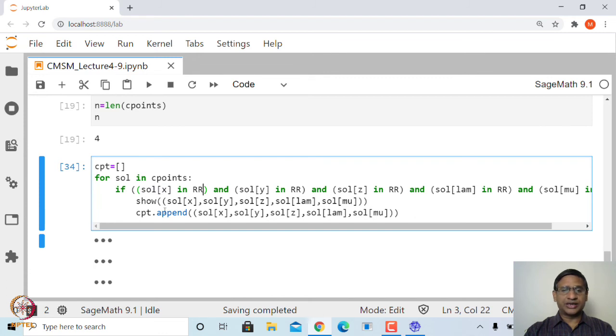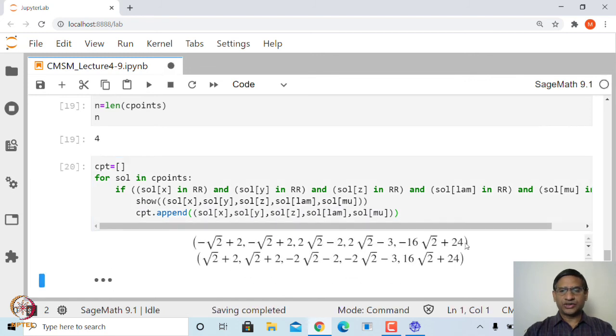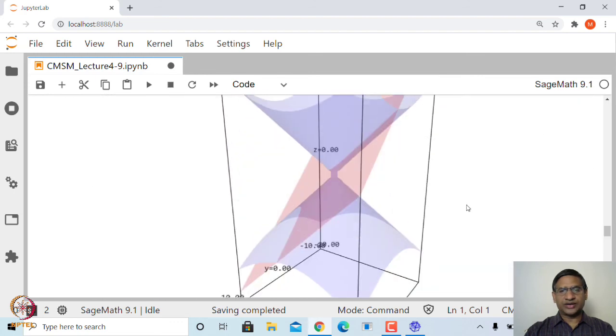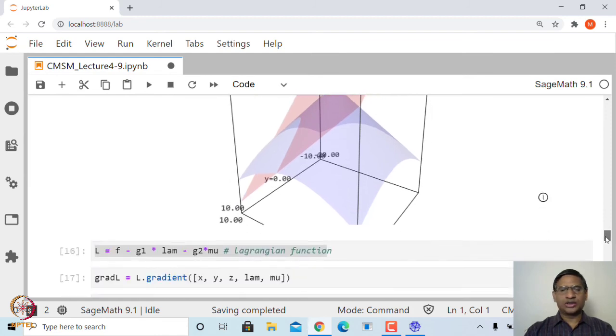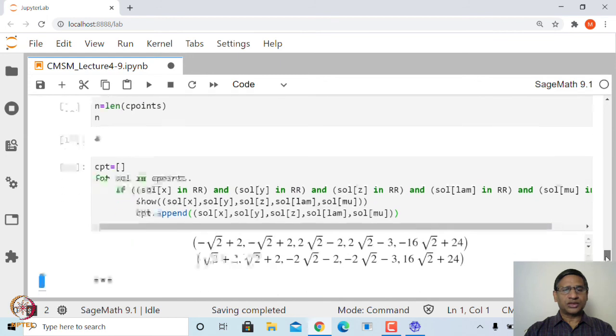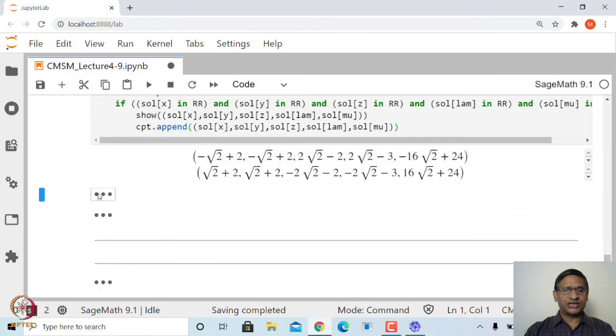If all of them are real, then we show x, y, z, lambda and mu, and append that to CPT. So, these are the only 2 real solutions. If you look at them graphically, one should be somewhere here and the other somewhere here.